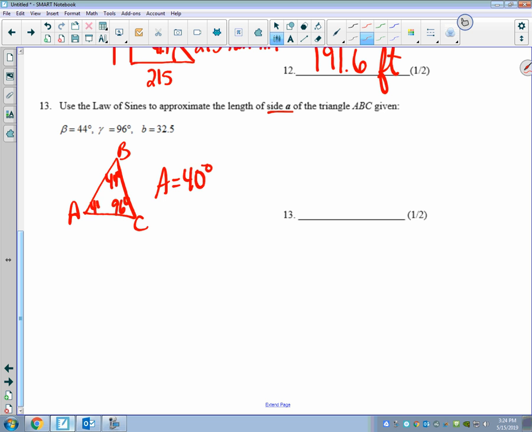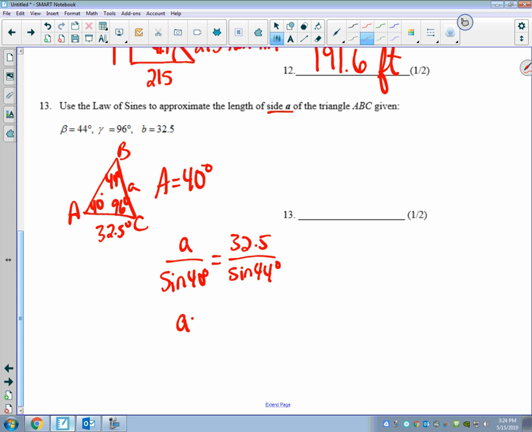So this is 40. And they give me side B is 32.5. And they want me to find side A. So that's A over sine of 40 equals 32.5 over sine of 44.